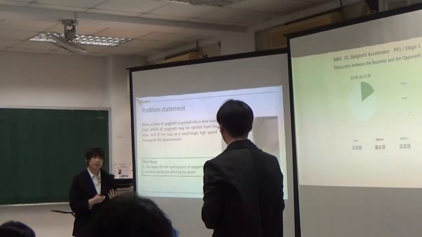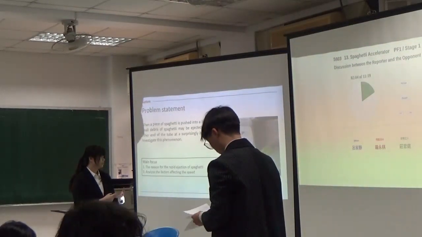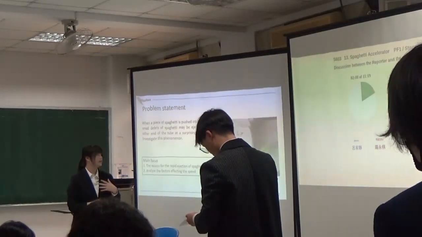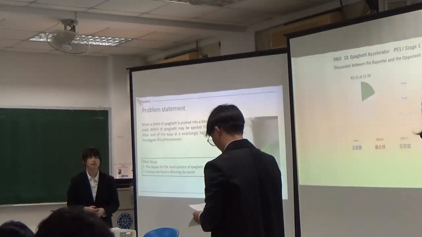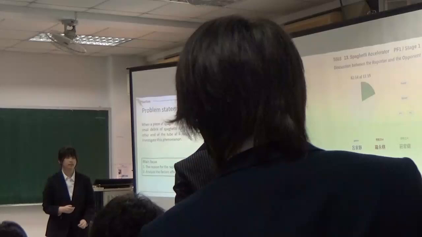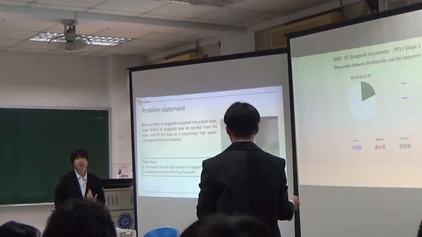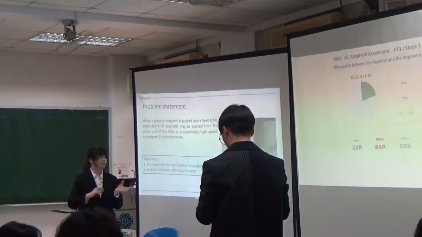When the spaghetti hits the tube, the velocity will decrease. But I also show the velocity trend in my experiment data. Alright, so maybe can we talk about the I here? I is a coefficient and it's about the spaghetti diameter.